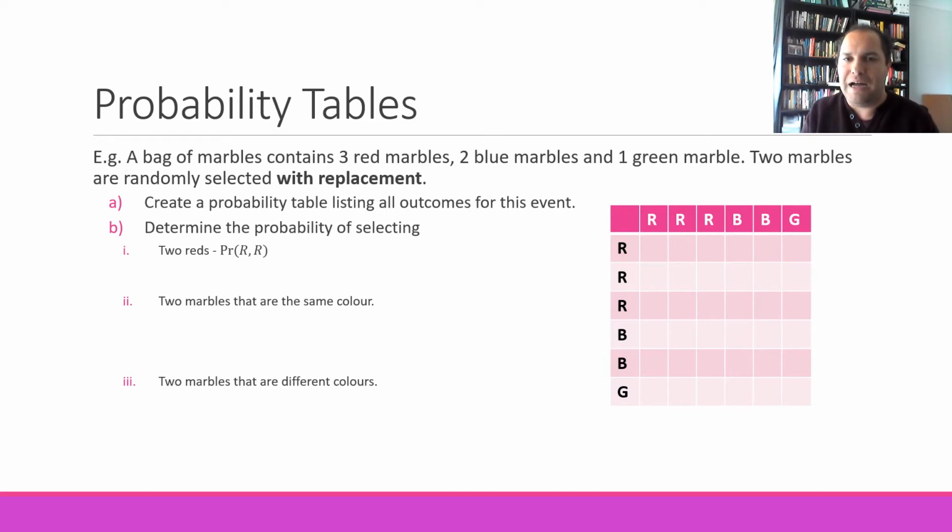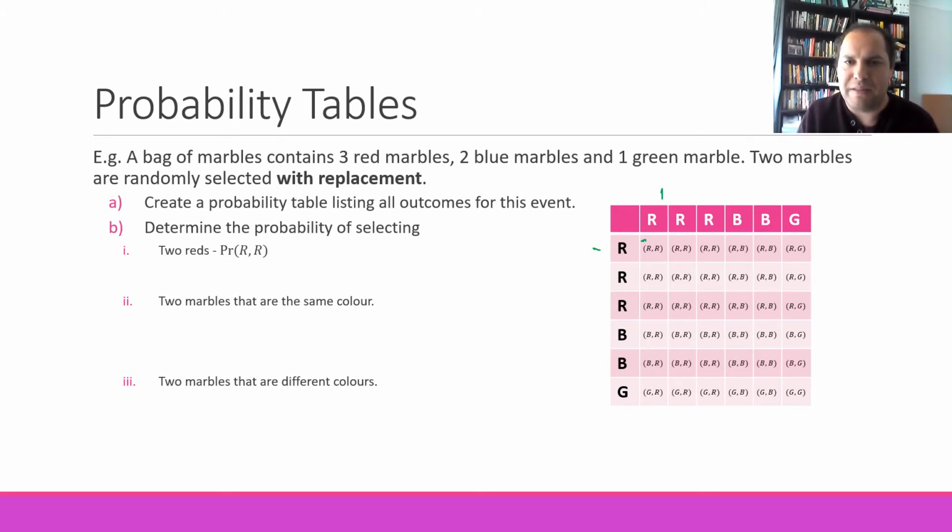So where you've got R at the top and R here, we can write RR in that first cell, and so on all the way across. We can fill out our table with RR here and all the way through. This bottom left one would be green, green, and all the combinations in between.